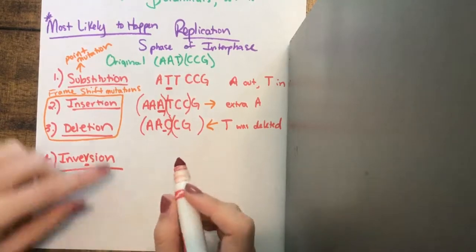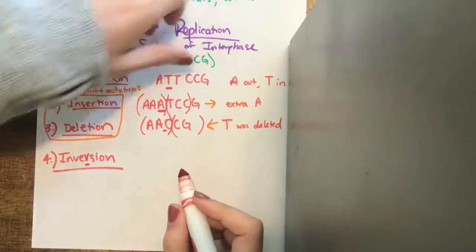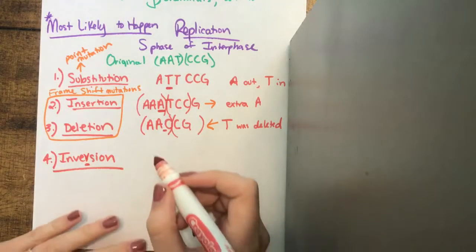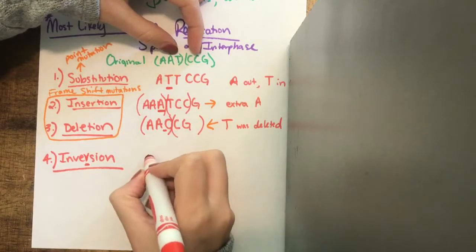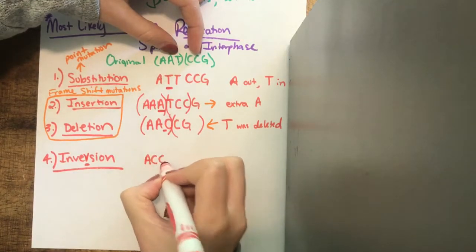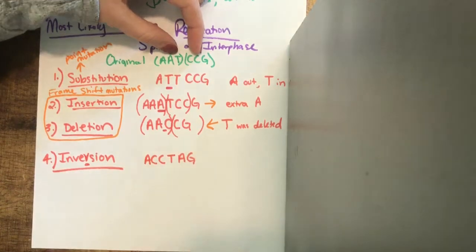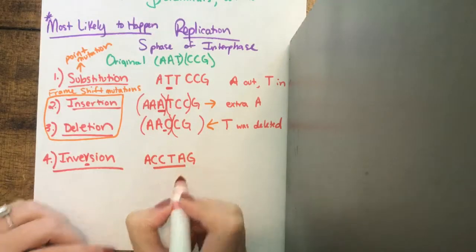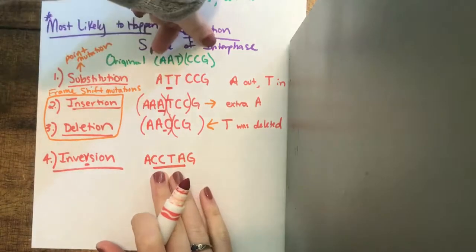So instead of AAT, CCG, we are going to flip some of those letters. We're going to flip this middle 4. So it's going to be A, C, C, T, A, G. Right here, this middle 4 is flipped backwards.